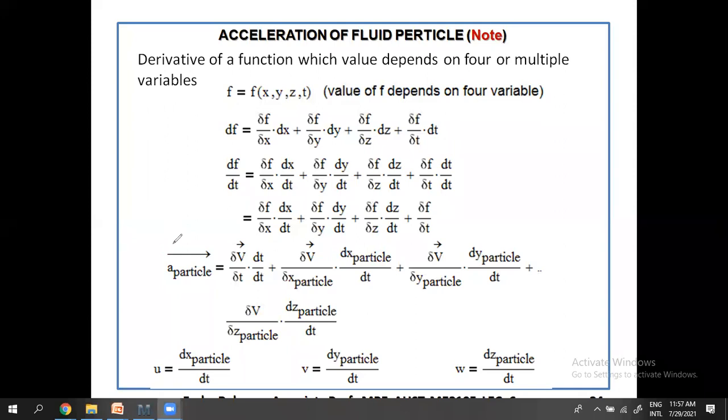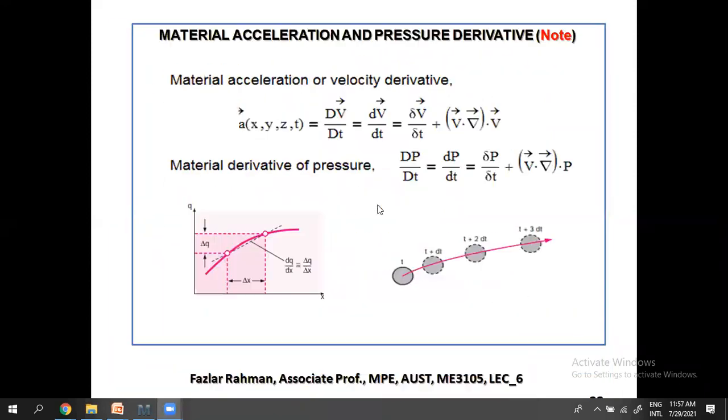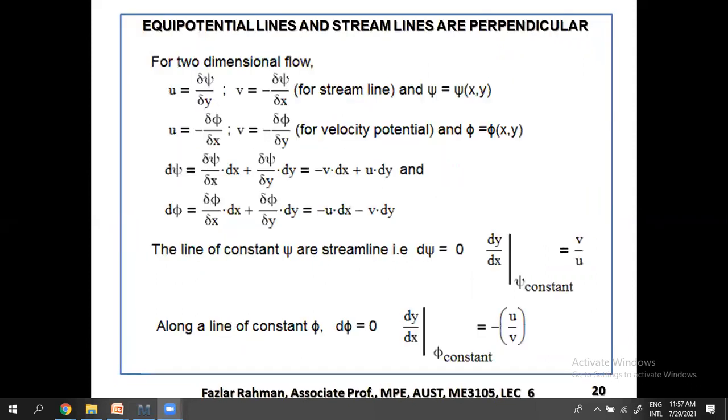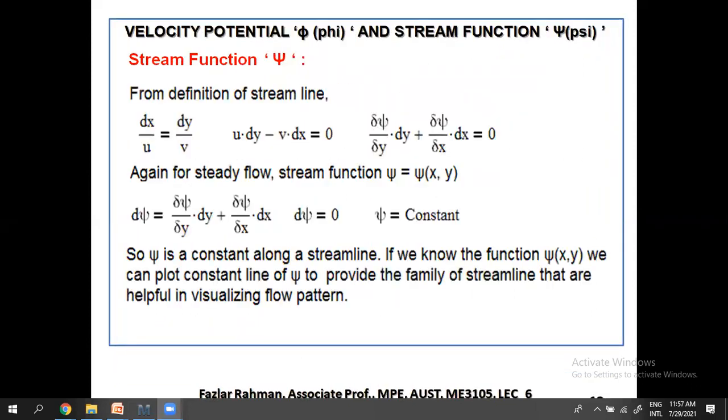So let's go back to our previous slide. Okay, we are right over here. So for this one we make the derivative: d psi equals del psi by del y times dy plus del psi by del x times dx. Now this is our derivative.